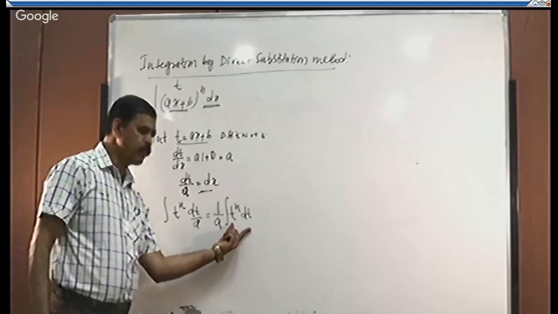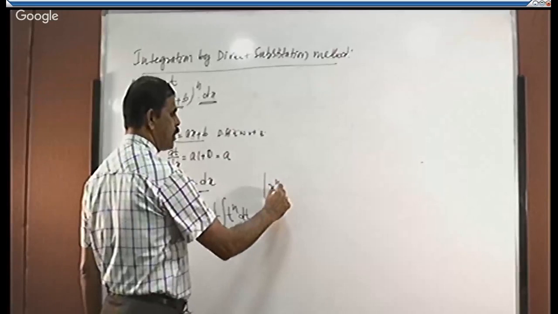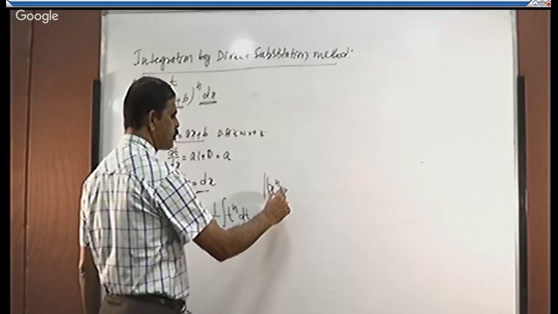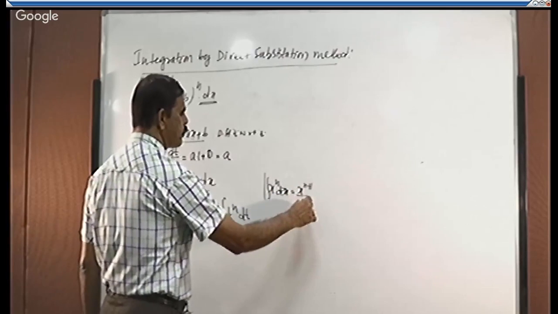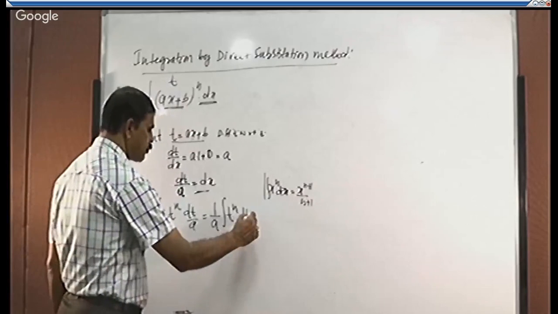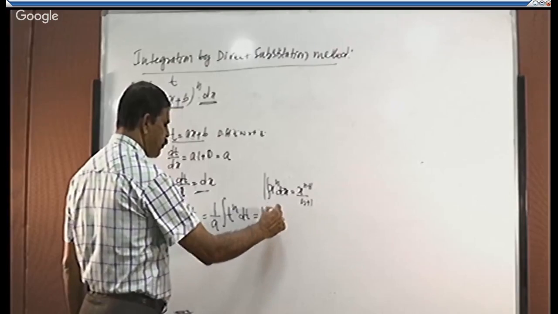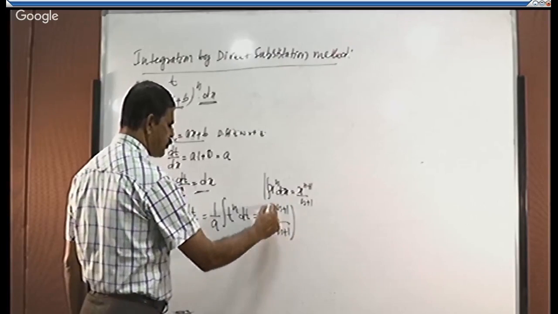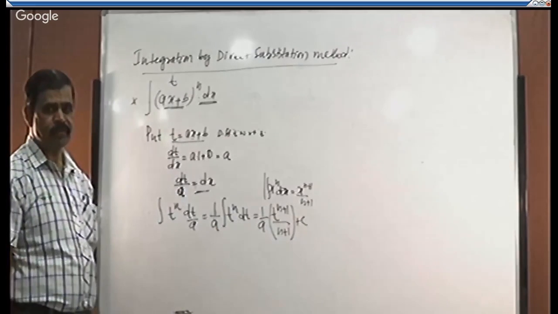So this is of what form? x to the power of n form, right? What is the integration of x to the power of n with respect to dx? That is equal to x to the power of n plus 1 divided by n plus 1. According to that, this becomes 1 by a into t to the power of n plus 1 divided by n plus 1 plus c. Right? The integration is over.